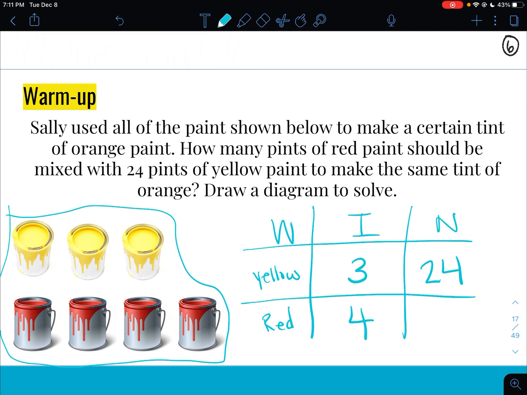So we need to figure out 3 times what gets us 24. Well, I know that 3 times 8 is 24. So 4 times 8 is 32. So you need 32 buckets of red paint.